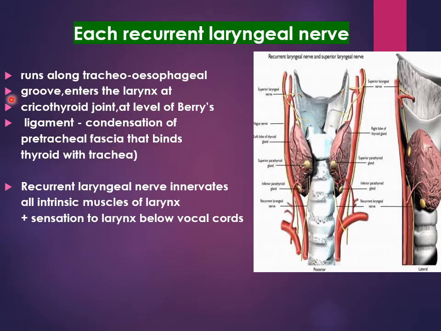It runs along the tracheoesophageal groove and enters the larynx at the level of the cricothyroid joint, where a ligament called the Berry ligament attaches the pretracheal fascia to the thyroid. The recurrent laryngeal nerve innervates all the intrinsic muscles of the larynx and sensation to the larynx below the vocal cords. So below the vocal cords is innervated by the recurrent laryngeal nerve.